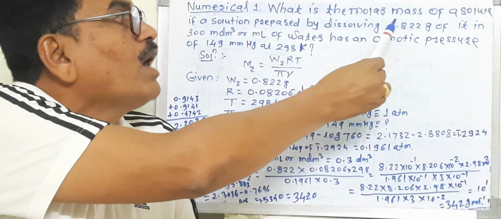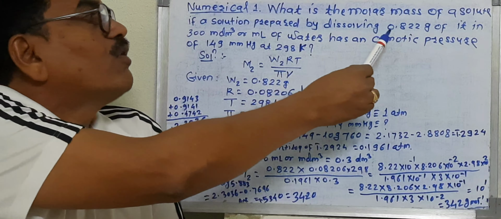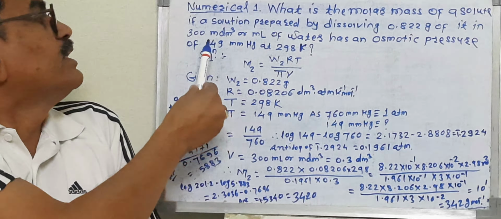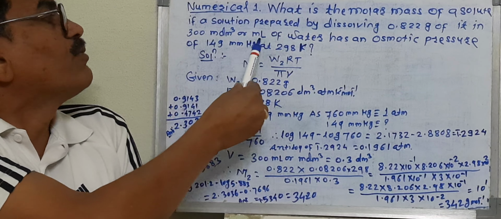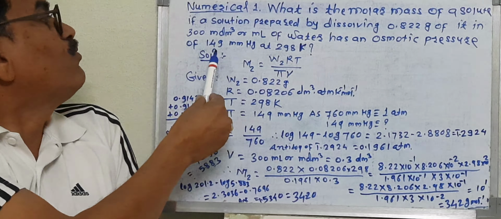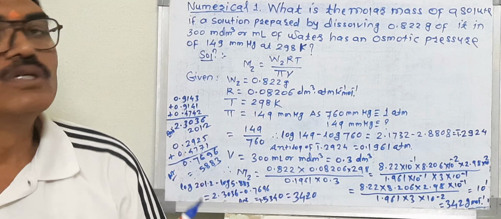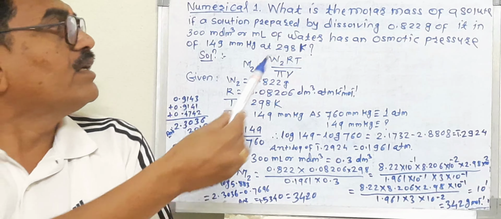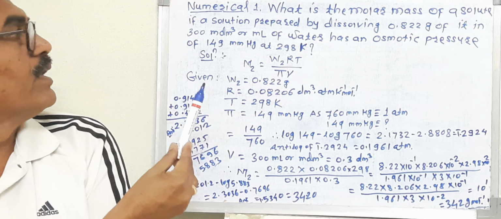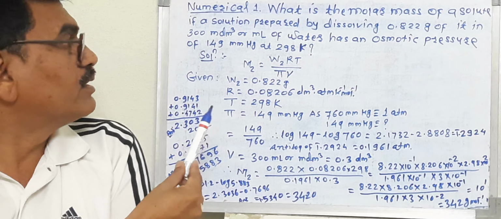What is the molar mass of a solute if a solution prepared by dissolving 0.822 grams of it in 300 milliliters of water has an osmotic pressure of 149 mmHg at 298 Kelvin? So the weight of solute is given, which is dissolved in this much solvent, that is water.